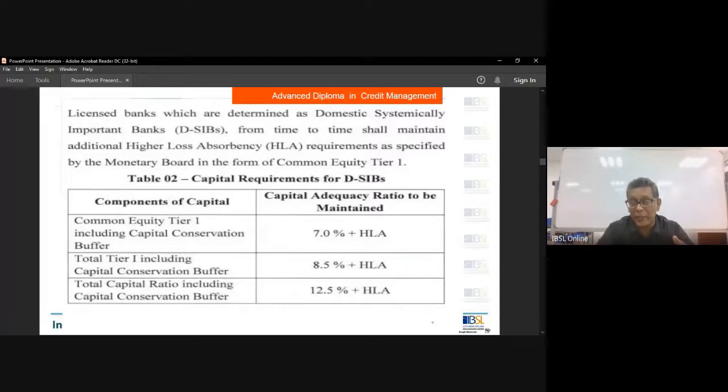What is the HLA requirement for Bank of Ceylon and Commercial Bank? It is 1.5. So 1.5 added to 12.5, how much? 14%. All other banks are not categorized as domestic systemically important banks, which doesn't mean they are not important. So they need to maintain 12.5.